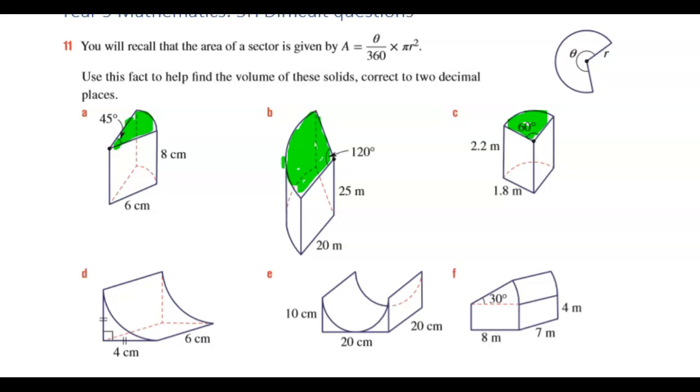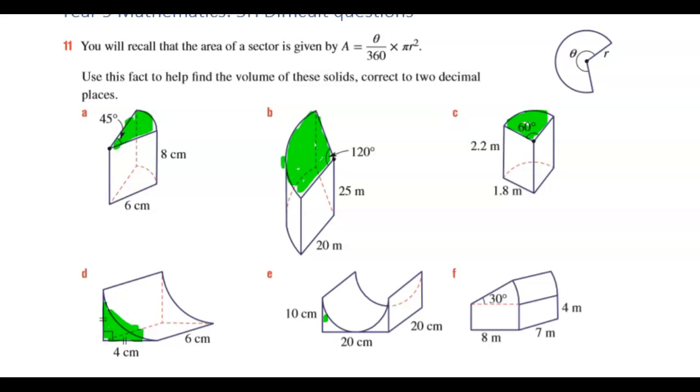Now, when we get to D, your constant cross section is going to be this part here. Now, can't color in within the lines. So that part there is not a sector, but we're going to be using our knowledge of circles to work out what that area is.